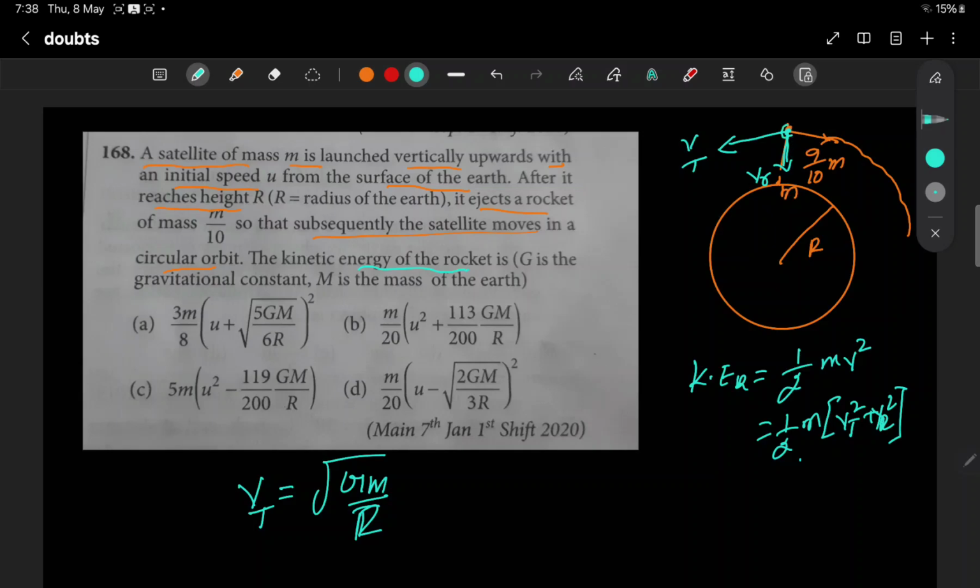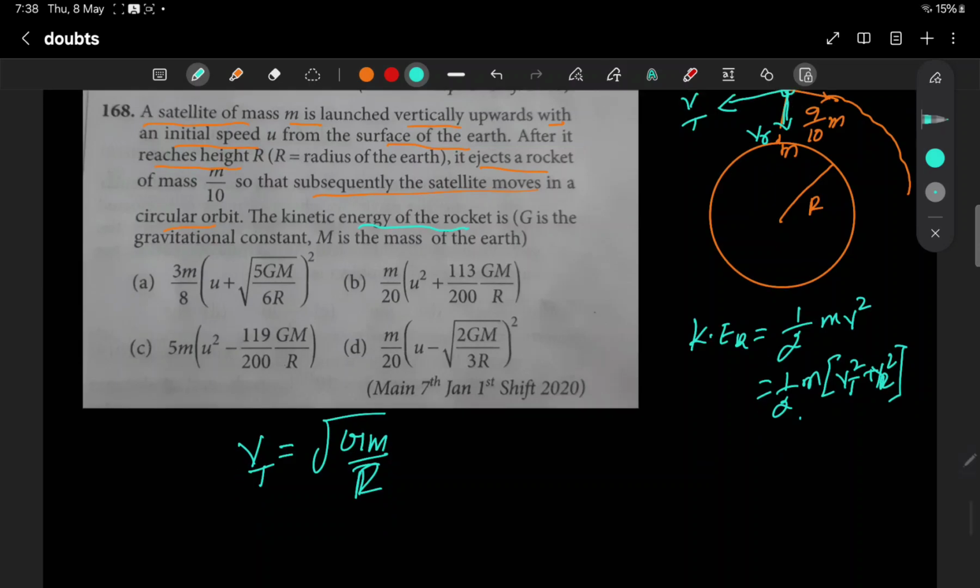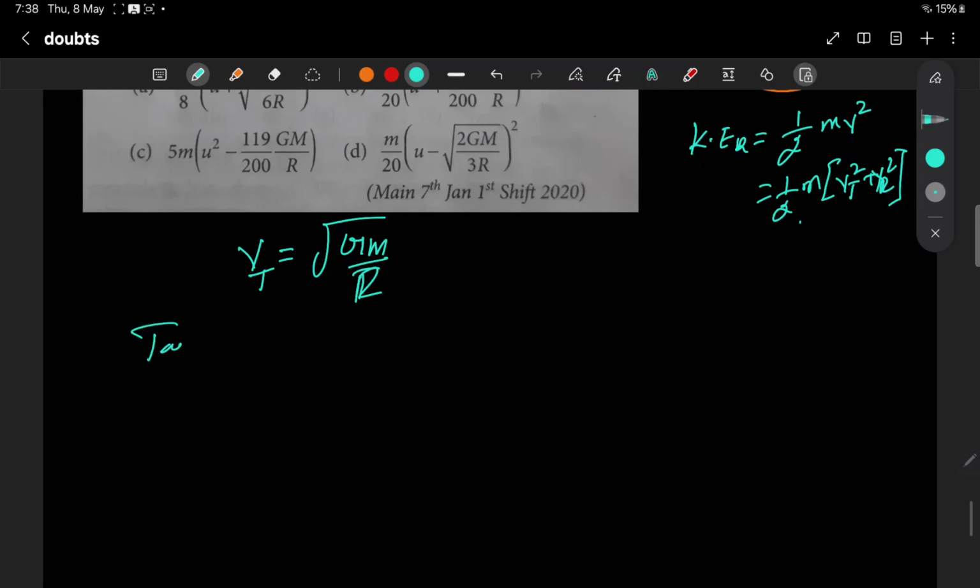It is like a bomb blasting into two pieces. If you consider it like that, here we can apply the conservation of linear momentum. In the tangential direction I am writing: momentum before the splitting will be equal to momentum after splitting.